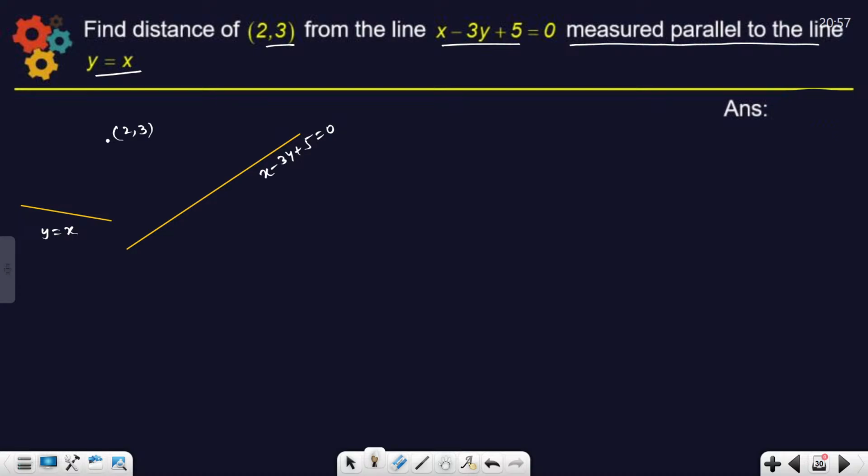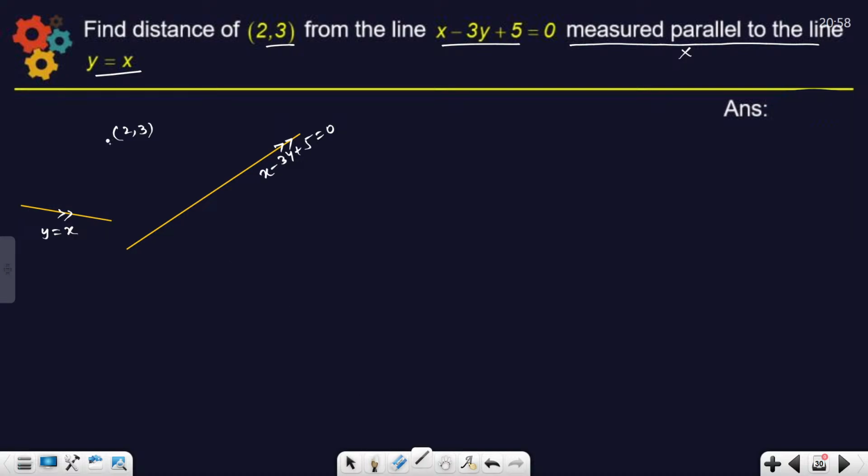Now what we have to do? We have to find out the distance of this point from this line, but measured parallel to the line this. If this thing would not have been in the question, then we would have found the perpendicular distance from this point on this line. But here they have said, no, I don't want the perpendicular distance. I want the distance measured parallel to this line.